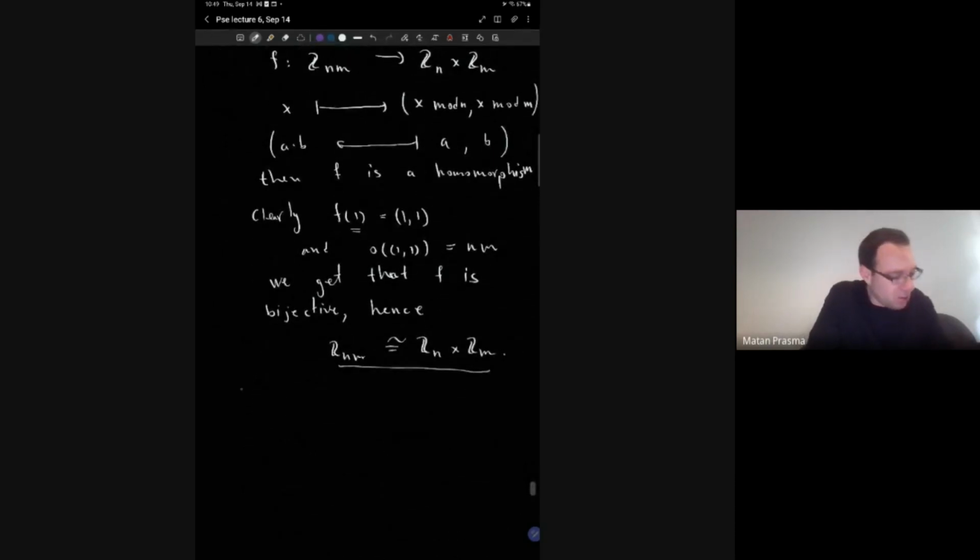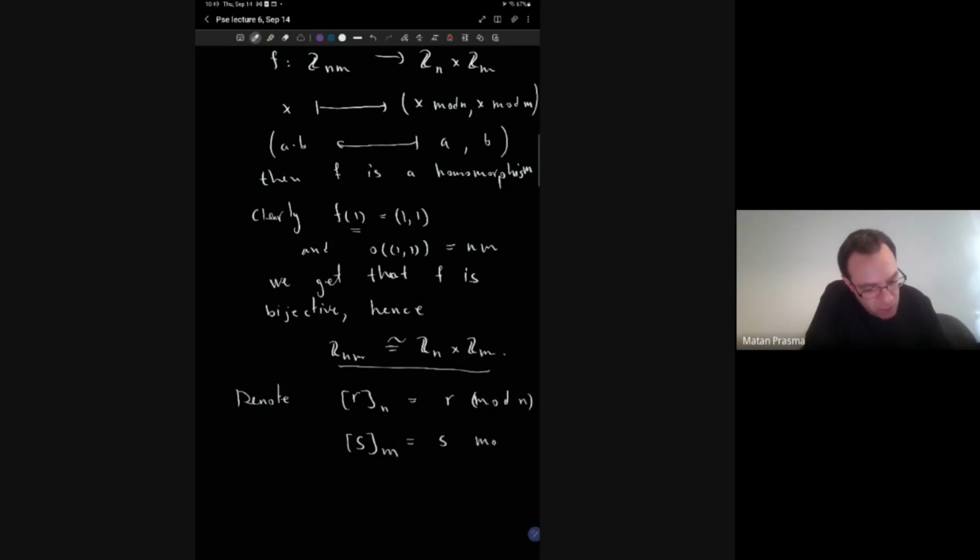Denote Rn to be R modulo n, and Sm to be S modulo m.